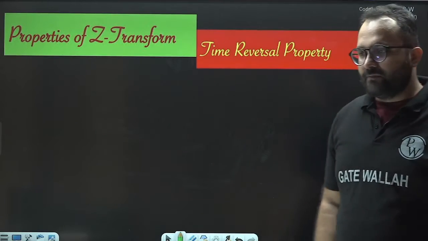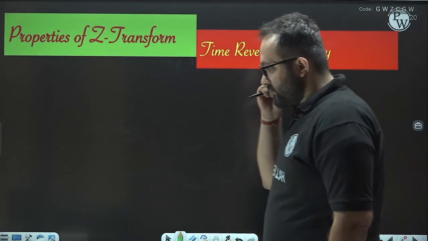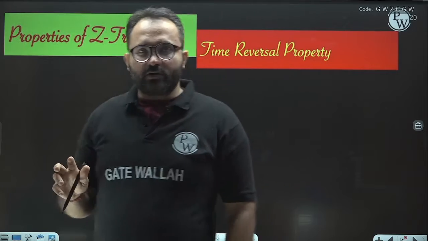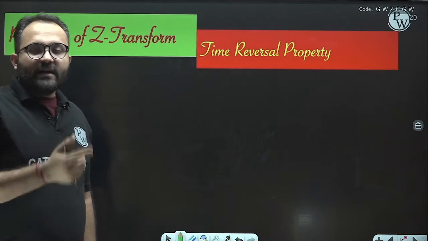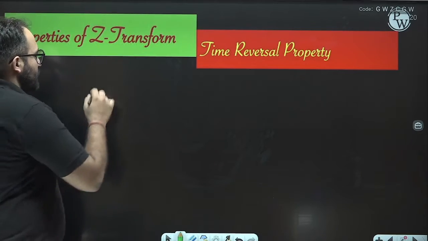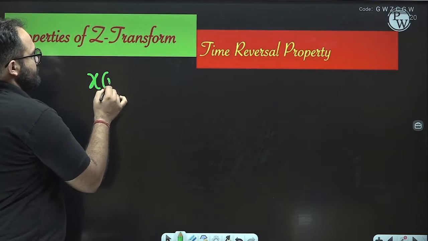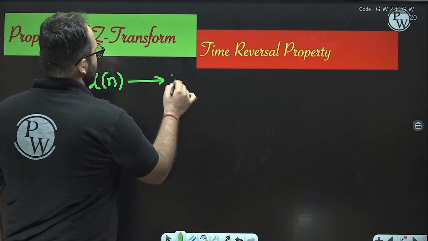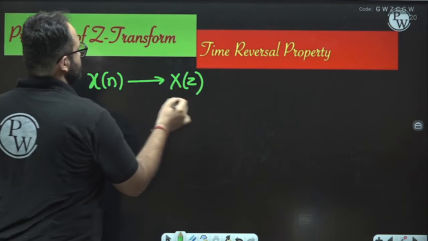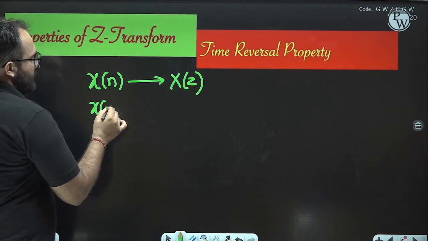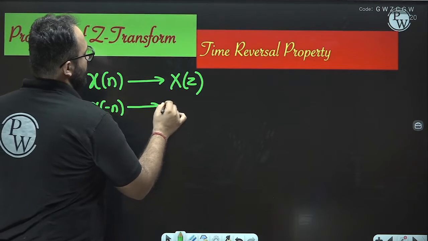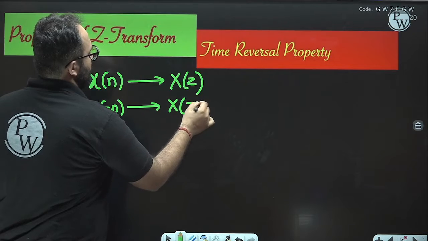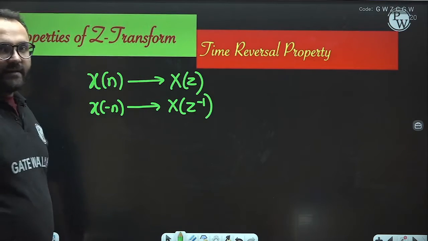Next, the time reversal property. This property is very important and it also has one attached property. If x[n] has Z transform X(z), x[minus n] will have Z transform X(z inverse).